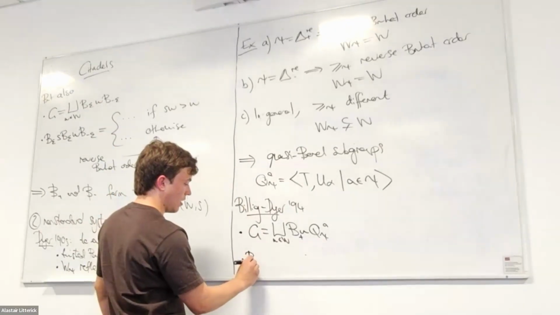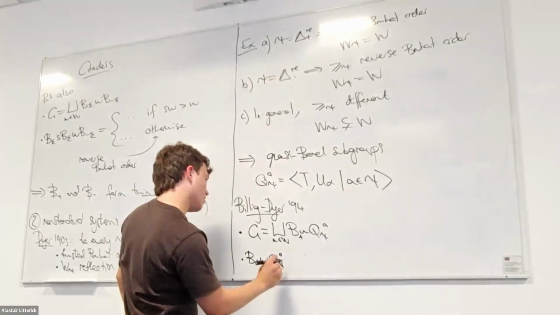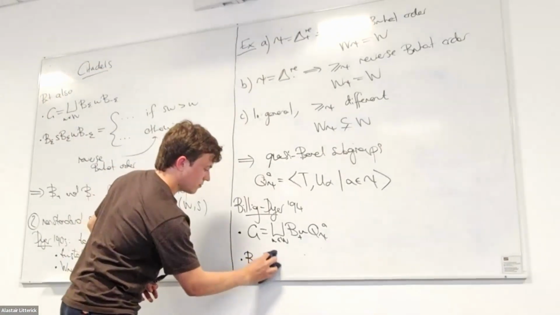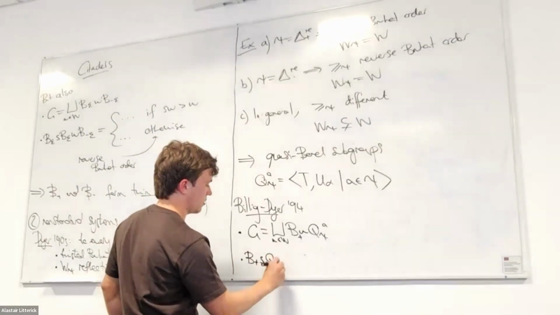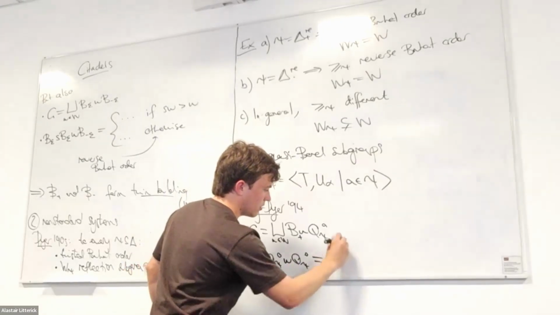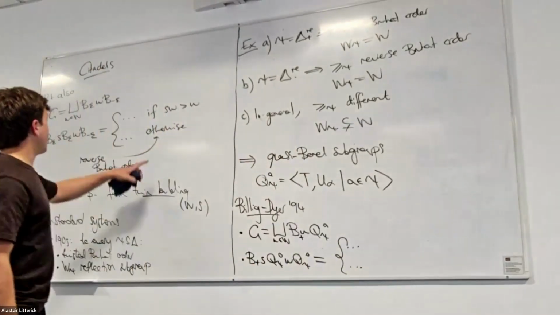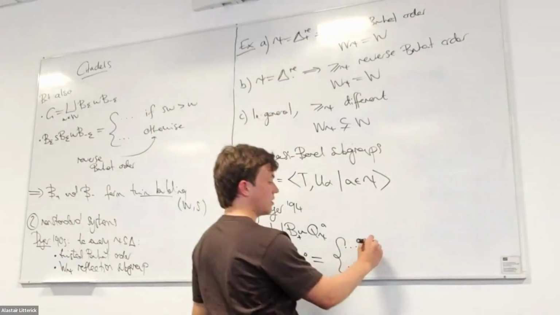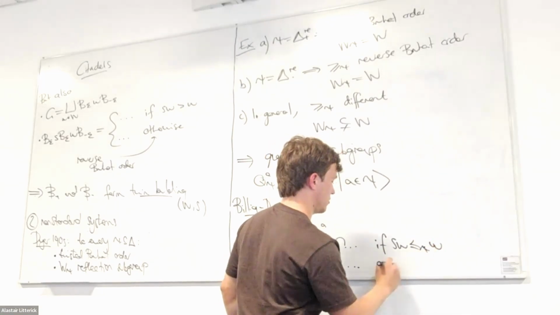So B w Q psi, E plus s Q psi, and you get the analogous things, so that now, rather than depending on the reverse Bruhat order, you plug in these twisted orders, if sw is less than w in the twisted Bruhat order.